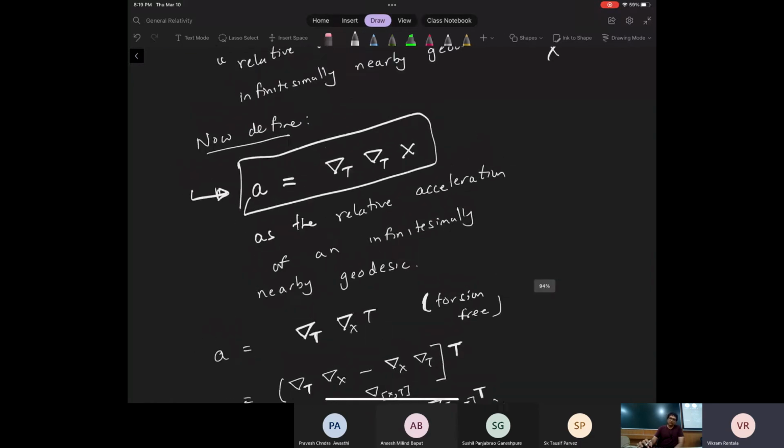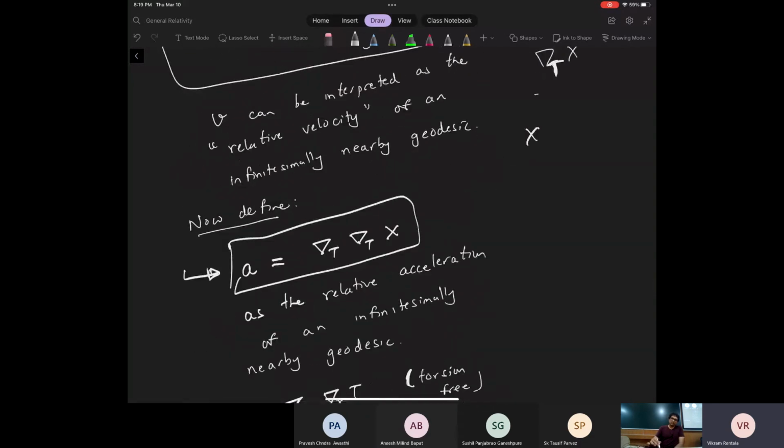Okay, so now we'll do a couple of things. We'll define this as the relative acceleration of an infinitesimally nearby geodesic. That is, we take the rate of change of that velocity along the tangent vector, along the geodesic. So this gives me a vector at each point on this submanifold sigma.